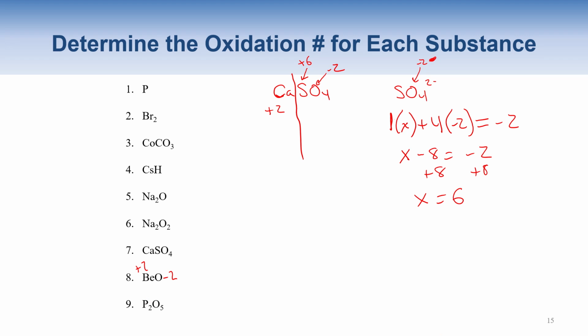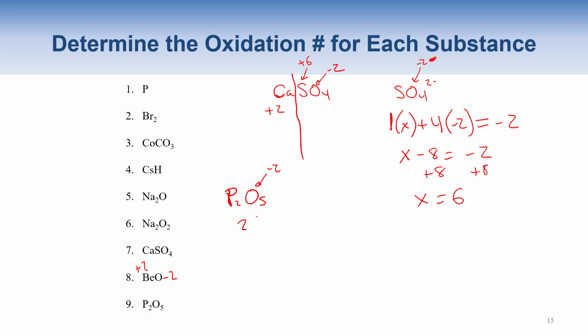And that leads us to our last problem, P2O5. Oxygen is going to be -2, and we assign that one first because it has a higher electronegativity.